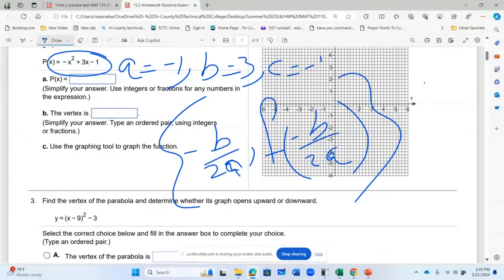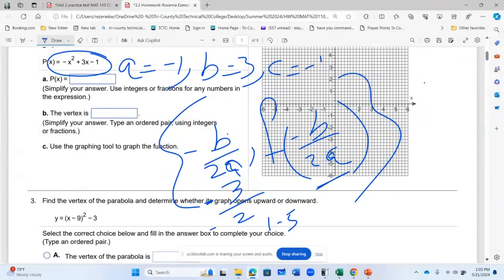So if you're told to use the formula to find the maximum point, then you put b here. What is b? b is 3. So we have 3. Remember, that's a negative here. And a is -1. 2 times -1 is -2. So I have -2 here, negative over negative is positive. So that is positive 1.5. So the x coordinate of the maximum point is 1.5.